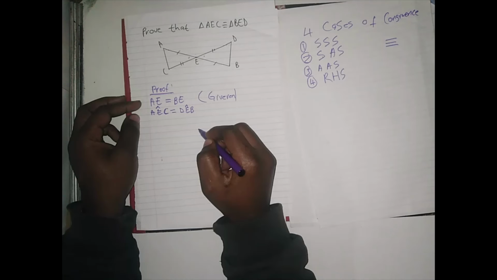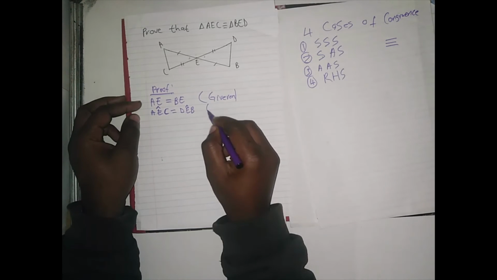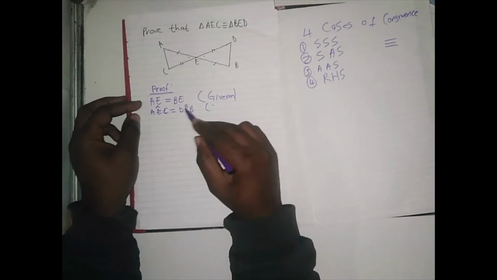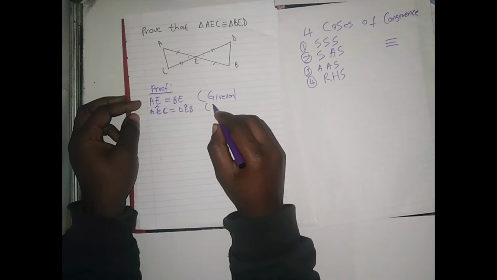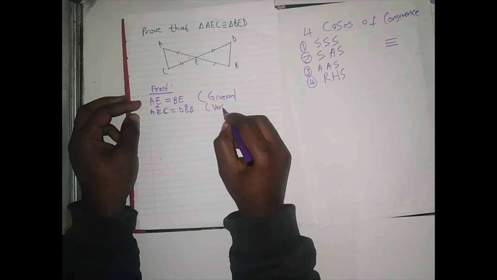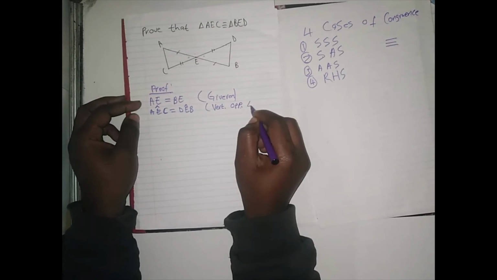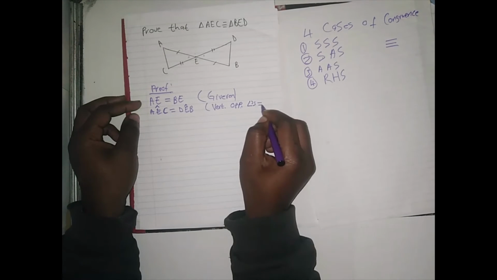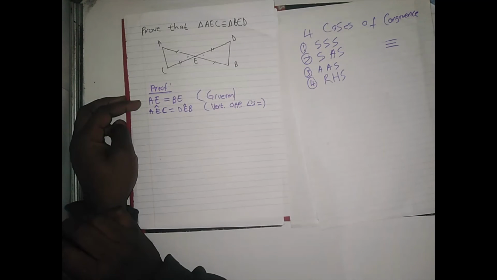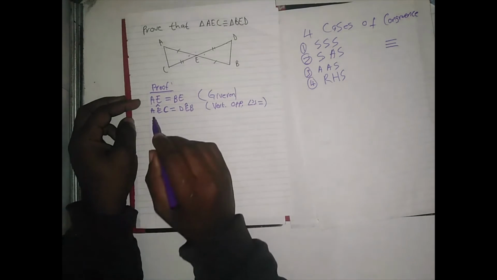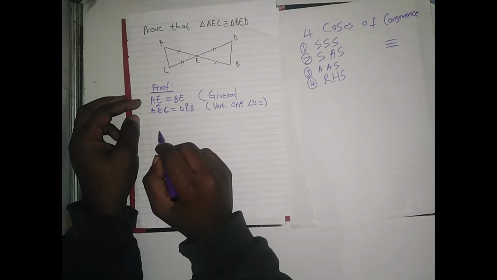Can you see that? Now, how do you know that this angle is equal to this angle? It's vertically opposite angles. Vert for vertically, op for opposite angles, equal. This time round it is not given, but we got it from one of the rules. Do you understand?